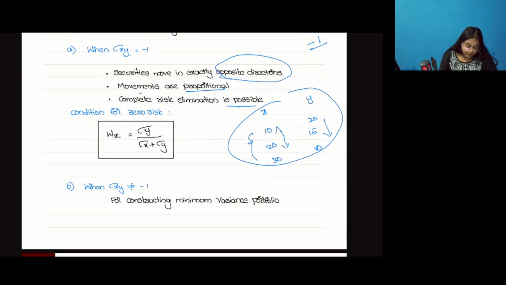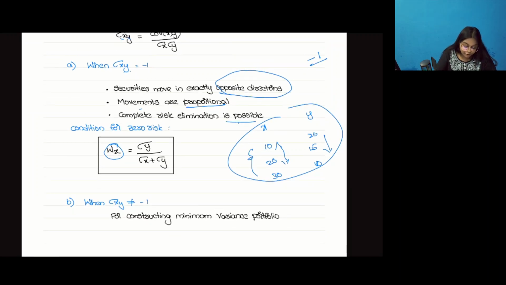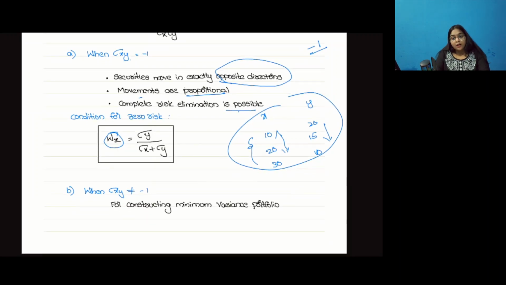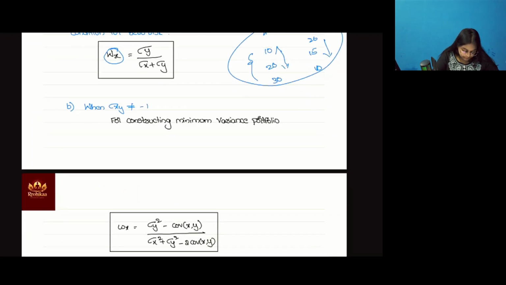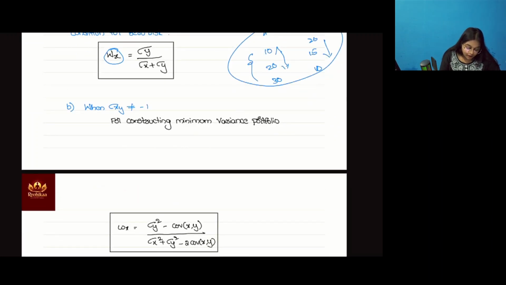So for that, the weight of X we have to consider is sigma Y by sigma X plus sigma Y. This is the formula to reduce the risk to 0. And next, if the correlation coefficient is not equal to -1, for example +1, then we cannot reduce the risk to 0.